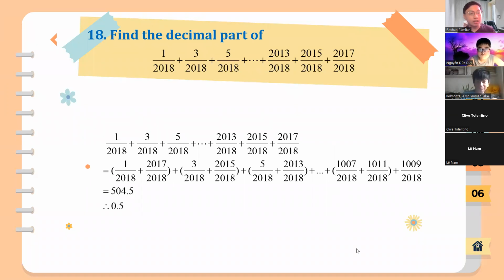But if you were able to arrive at 504.5 from the previous problem, you would know what the decimal part is. The decimal part will be just 0.5. So if you could solve the previous problem, you can solve this problem too. It's basically the same process, but instead we're focusing on the decimal part.